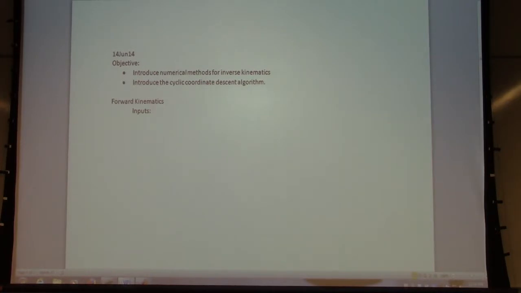Isn't it just going to be like a destination and rotation for our end effector? Not for the forward kinematics. That's what we get out of it. So the output is the end effector.